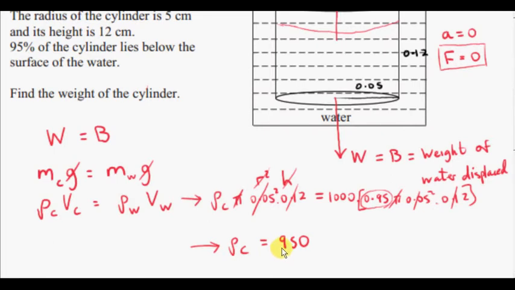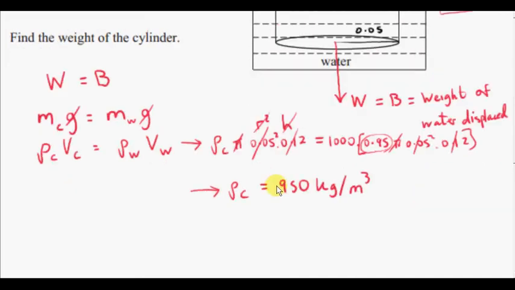So we see that the density of the cylinder is 1000 times 0.95, which is 950 kilograms per meter cubed. Notice that we could have arrived at this figure by getting 95% of the density of water. Okay, so the density of the cylinder is 95% of the density of water.